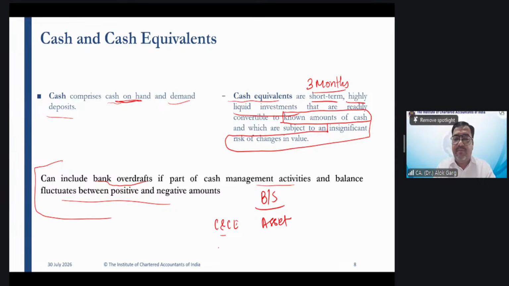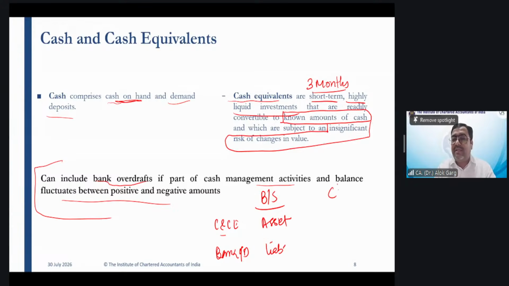And whether this bank overdraft will be netted off from the cash and cash equivalent in the balance sheet? No. This bank overdraft has to be shown as a liability under short-term borrowings.